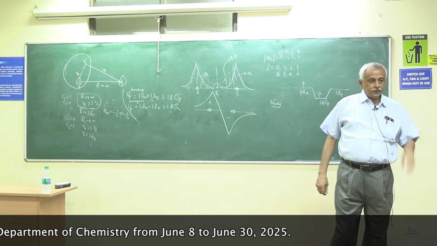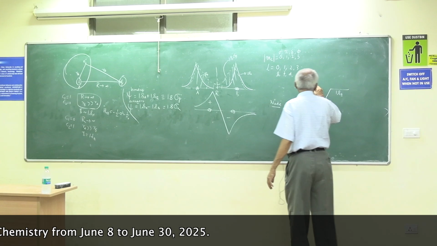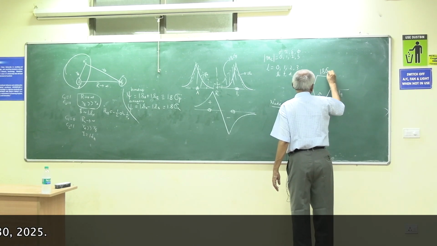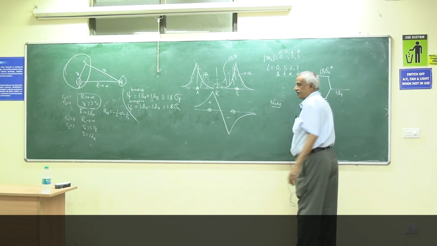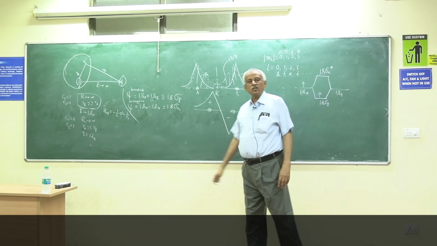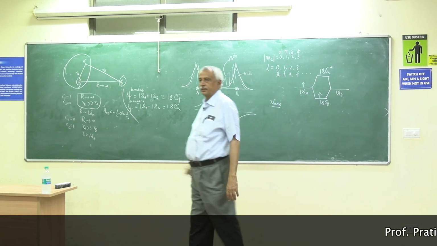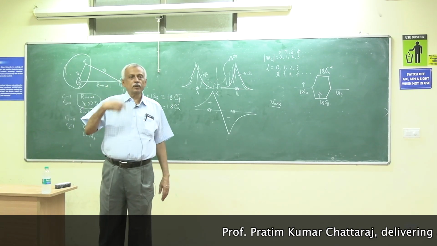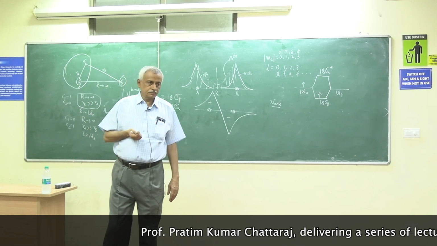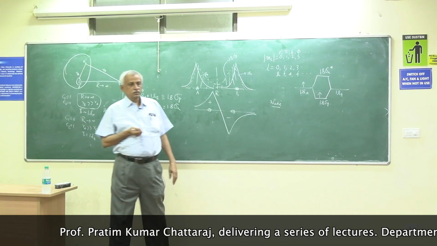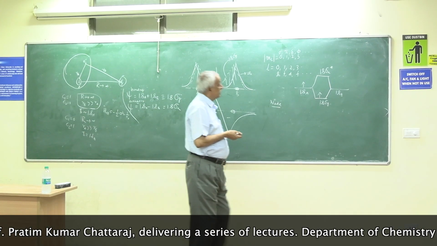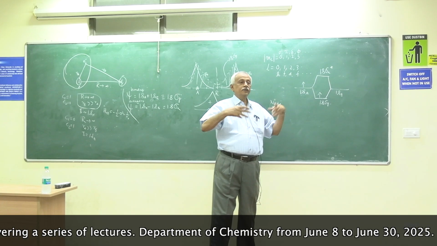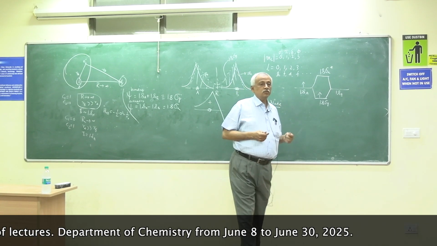And this one we call an antibonding orbital, and as it is of higher energy, we put a star. The star tells you that there are two different types of 1s sigma orbitals, one of lower energy, one of higher energy.